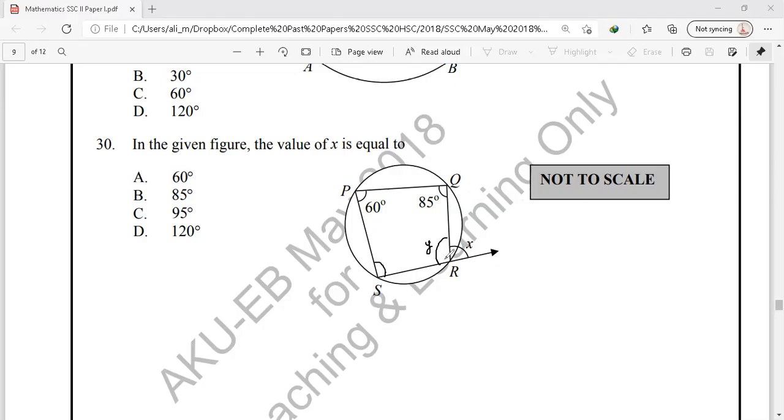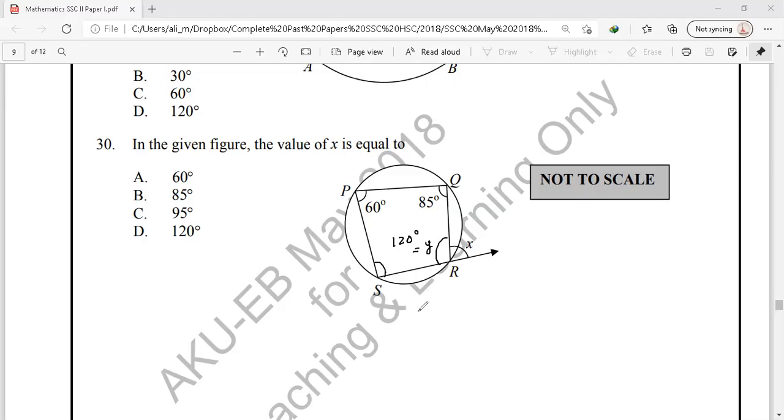We know that in a cyclic quadrilateral, the opposite angles are supplementary. So let's say this angle R of the quadrilateral is Y, and opposite to it is 60 degrees, that is angle P. So P and R would be supplementary. It means that the value of Y should be equal to 120 degrees.